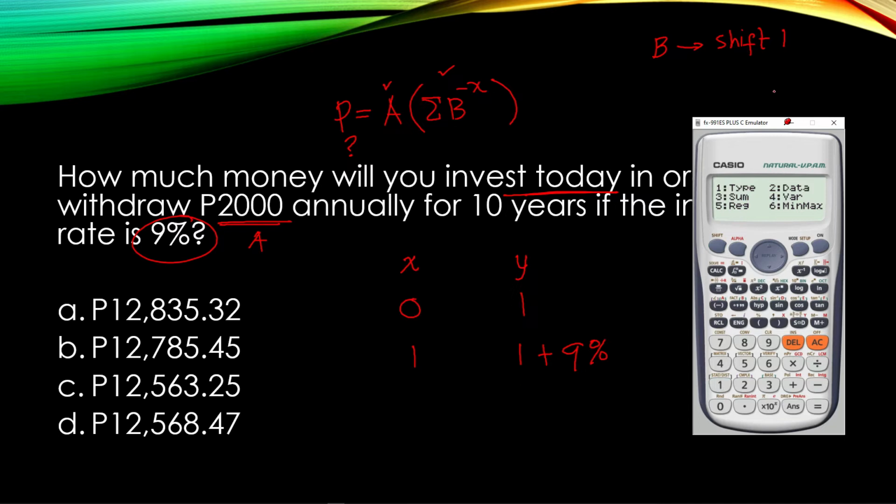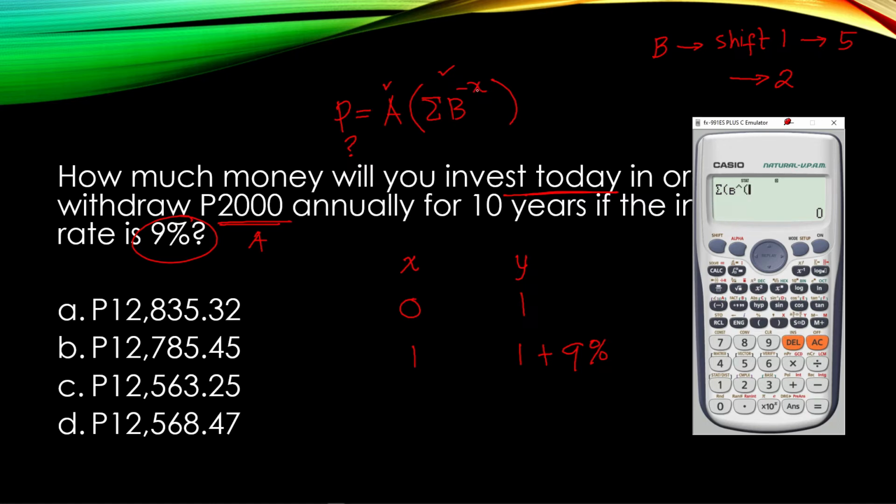And then 5. And then 2. Okay, so we have to get b, we have shift 1, 5, 2. Okay. And then raise to the power of negative x.